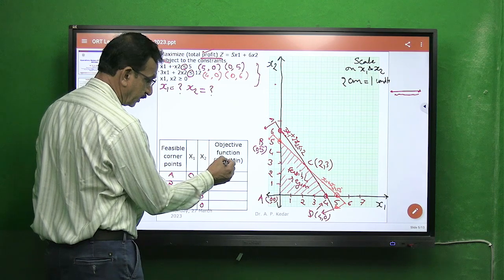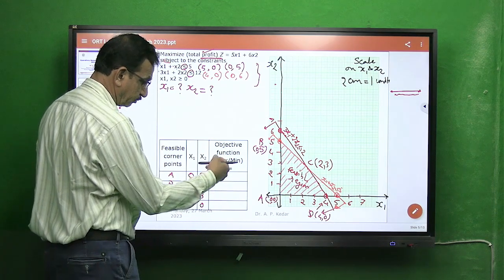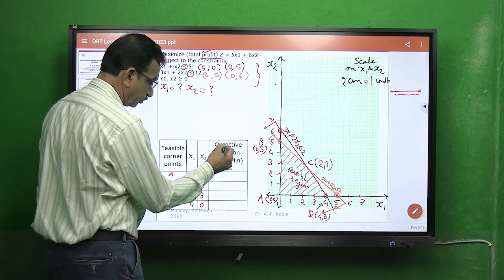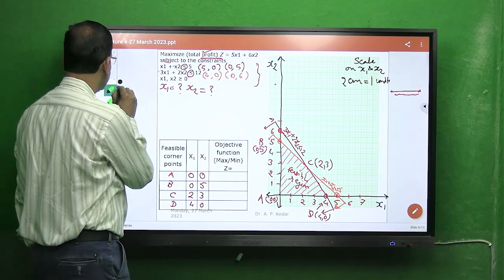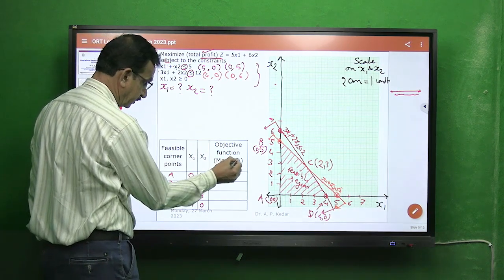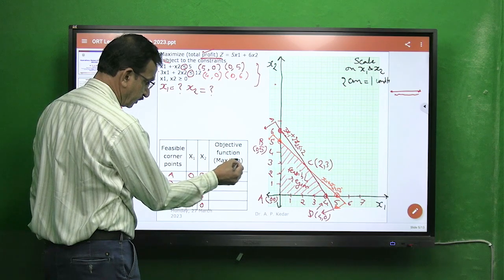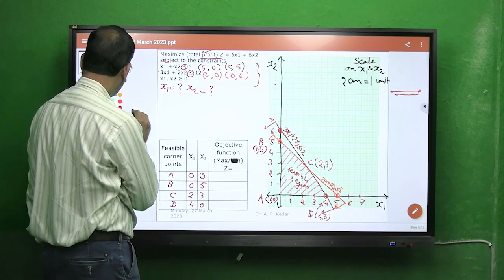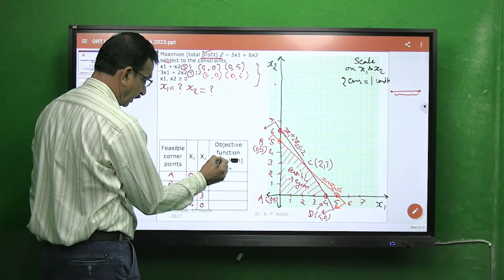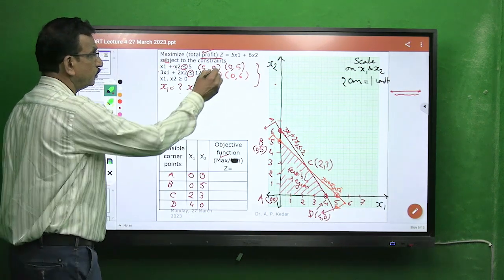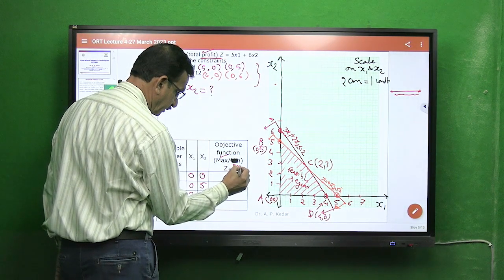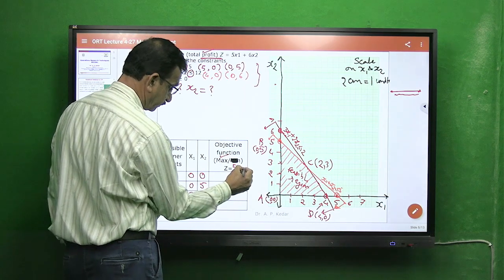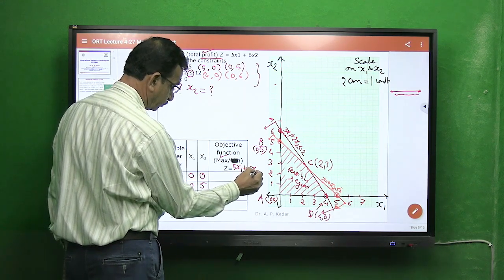Now here I will erase what I have written for practice. If it is maximized, I will only write maximize, so there is no need for minimize. My task is only to maximize, so I am writing for maximize, and I know it is 5x1 plus 6x2.